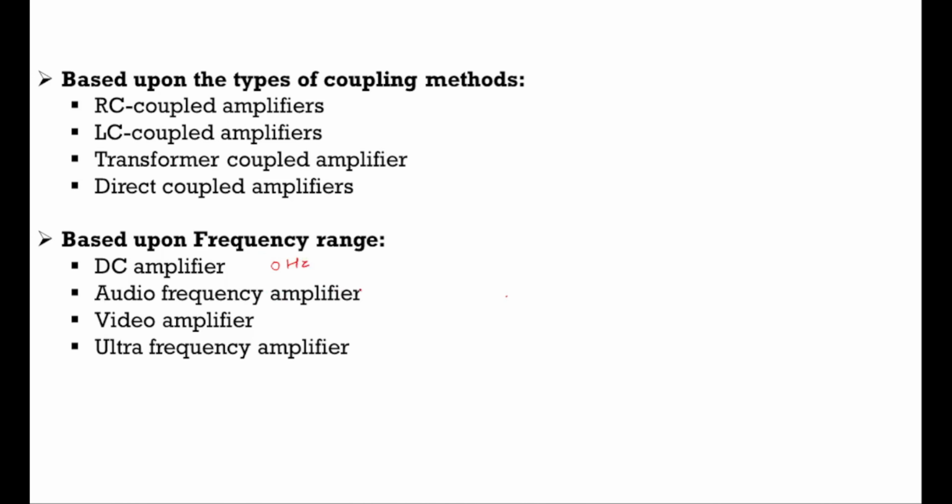Next is the audio frequency amplifier that amplifies signals in the range of audio frequency, that is from 20 Hz to 20 kilohertz. Next is the video amplifier that amplifies signals up to a few hundreds of megahertz. And the ultra high frequency amplifier amplifies signals up to a few gigahertz.